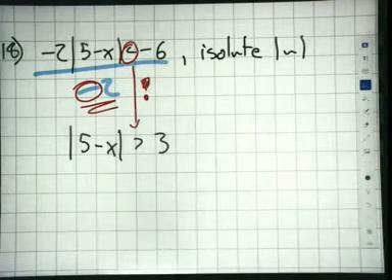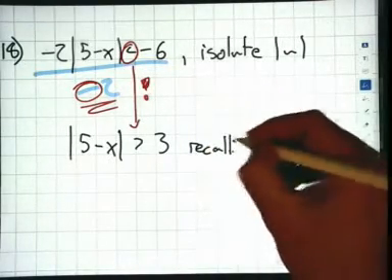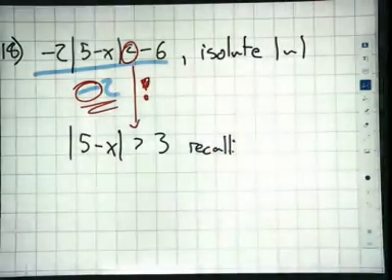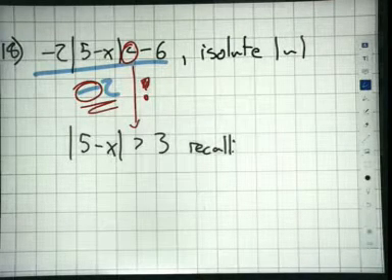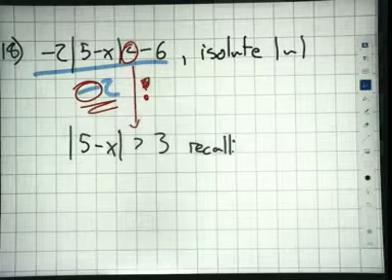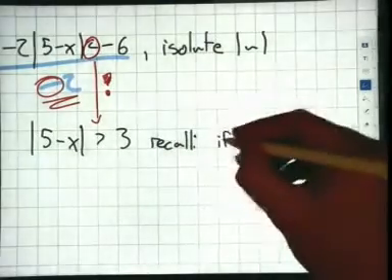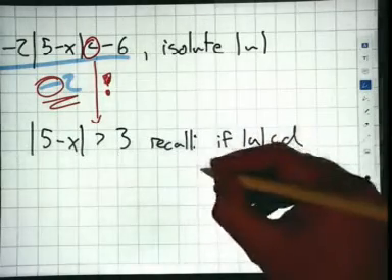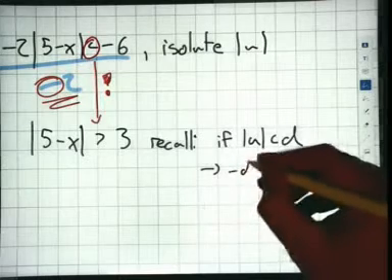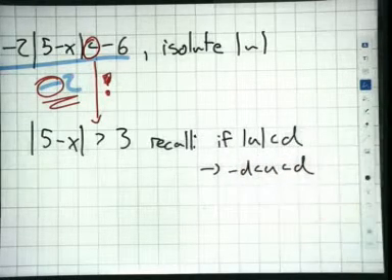So, real quick review, recall. There's two situations that we have to be aware of when it comes to solving absolute value inequalities. If the absolute value of u is less than d, then we say that negative d is less than u is less than positive d.